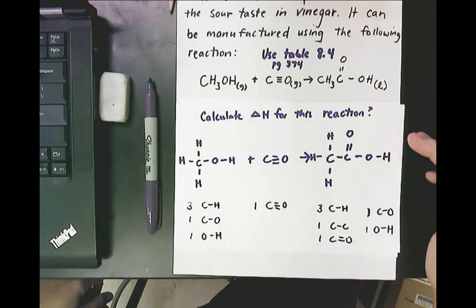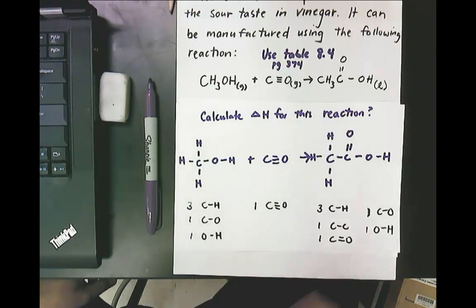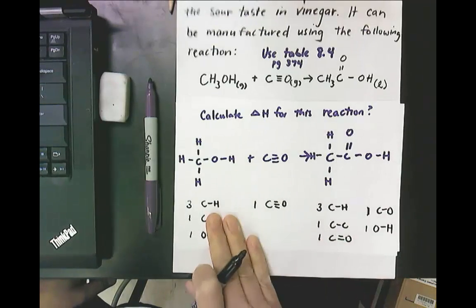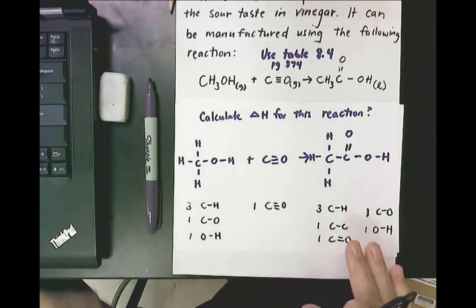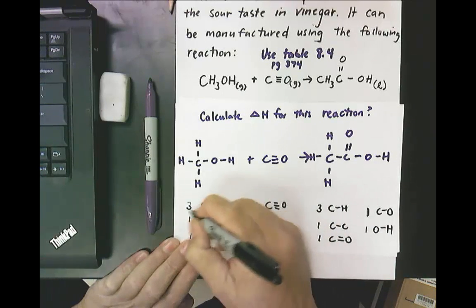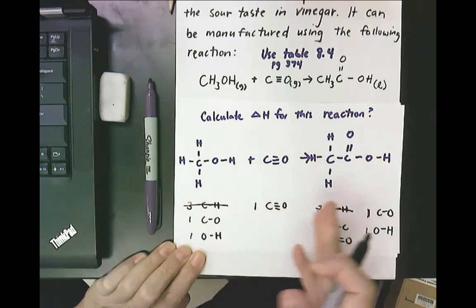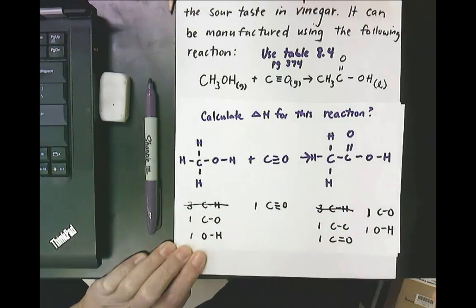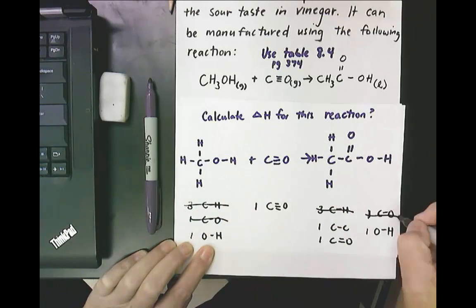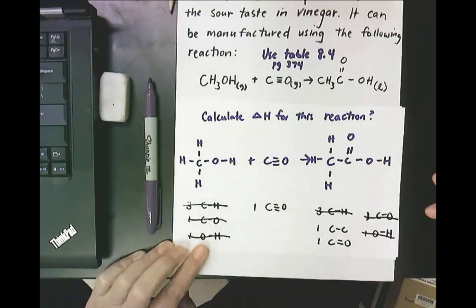Now we can simply add all these different bond energies up, and then do bonds broken minus bonds formed. But I find it easier that since we have similar bonds on both sides, let's just cancel those out. Since they didn't break or form, we don't really have to deal with them. And then it makes calculations much easier.